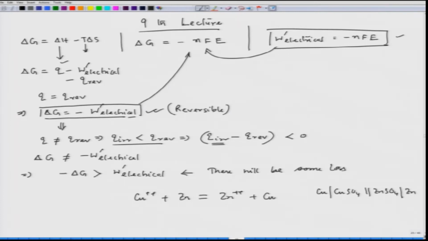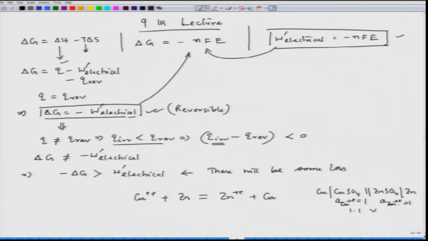Now we saw that the potential difference goes to 1.1 volt, provided the activity of copper plus plus is 1 and the activity of zinc plus plus is equal to 1 in the solution of copper sulphate as well as zinc sulphate respectively.